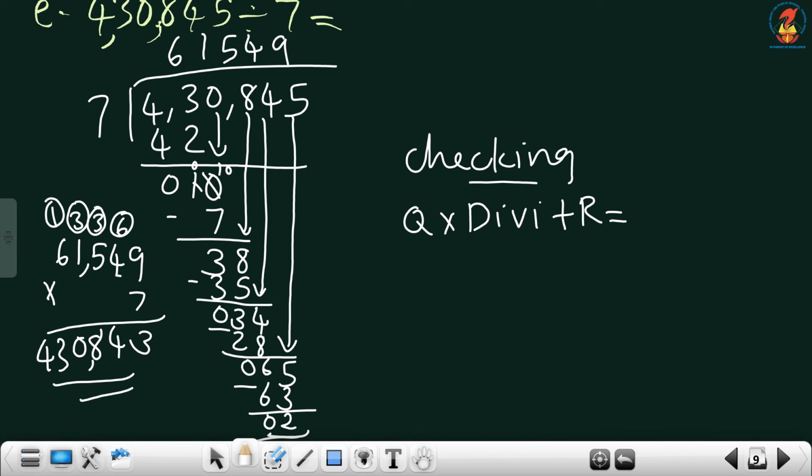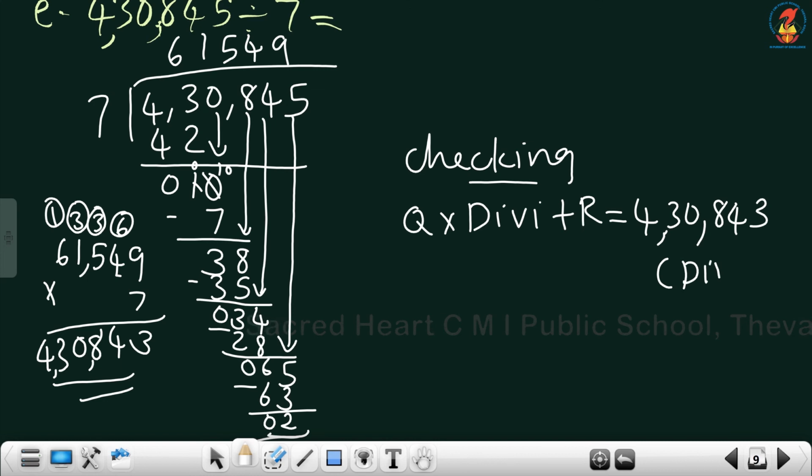Then it will become 4,30,843 plus the remainder, 2. You will get 4,30,845. That is the dividend, right? Okay, is it clear?